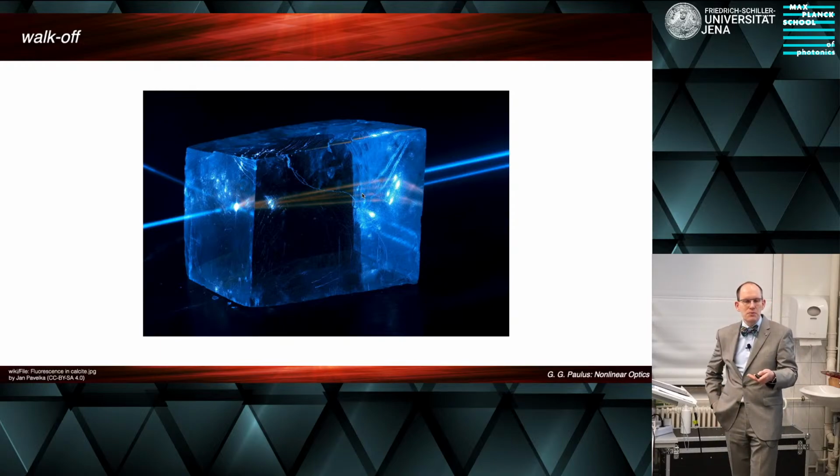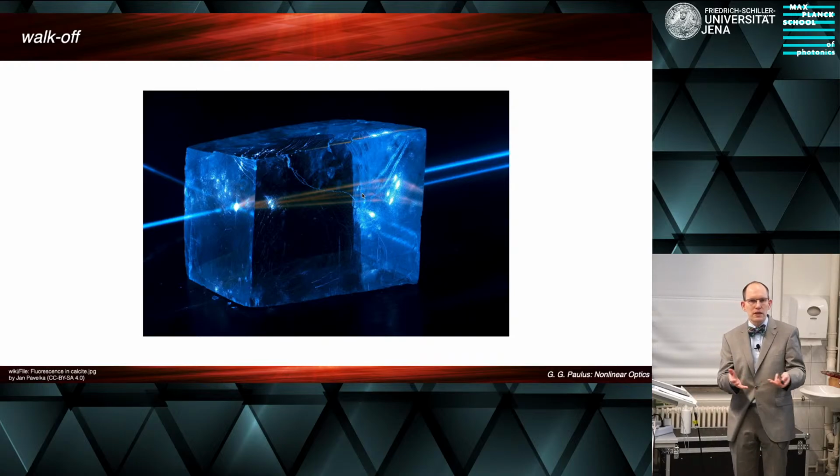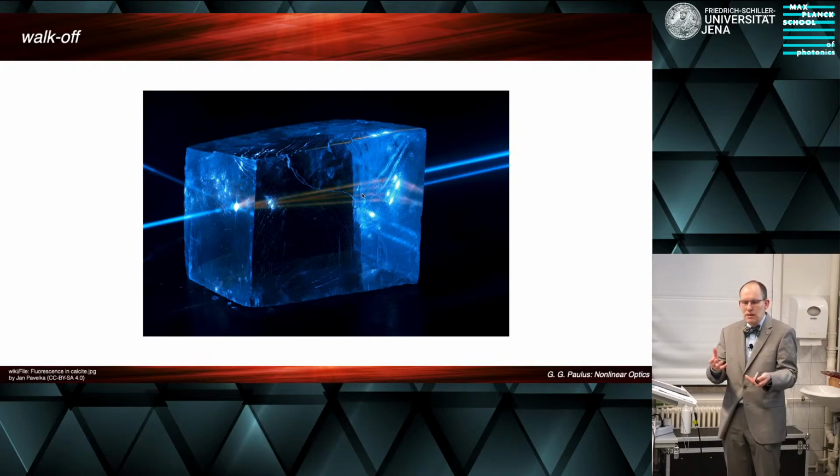And then we assumed in our coupled wave equations that they are all present in the same place. So the amplitude is reduced here. So the overlap is not given.